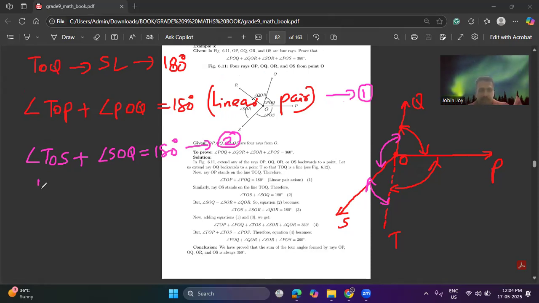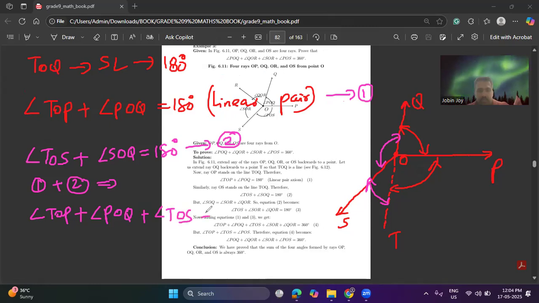So I am just adding equation 1 plus equation 2. What you will get? Angle TOP plus angle POQ plus angle TOS plus angle SOQ equals 180 plus 180, right?